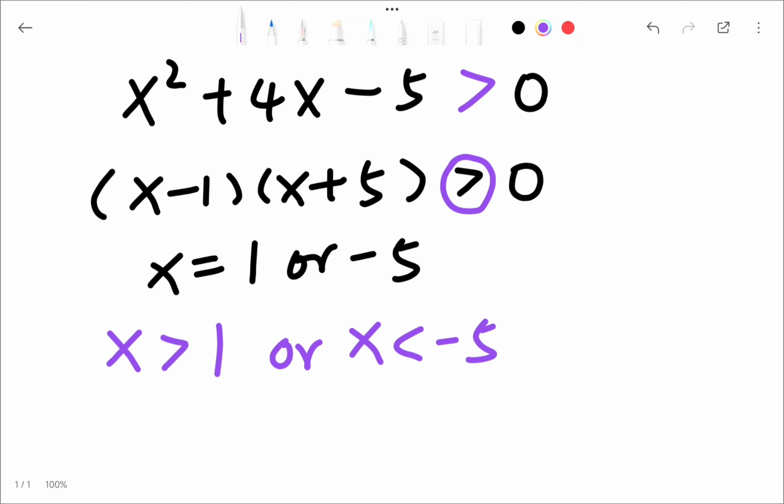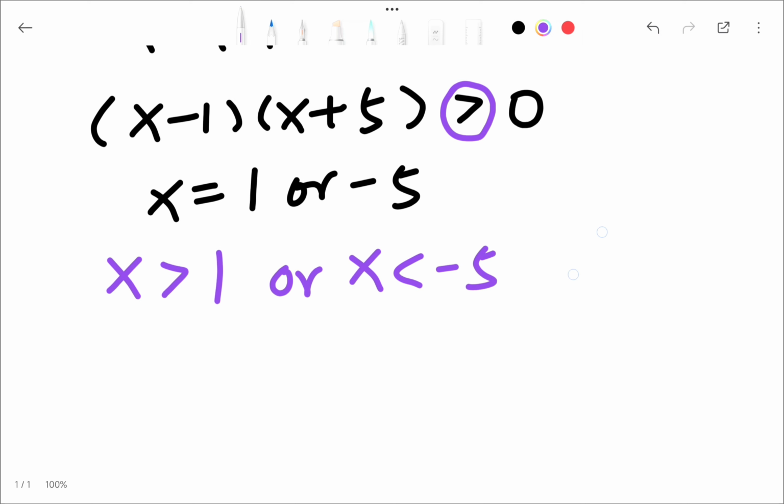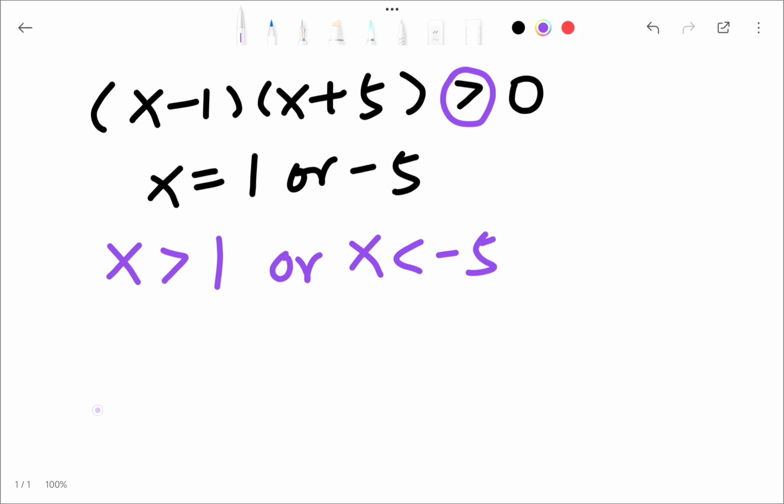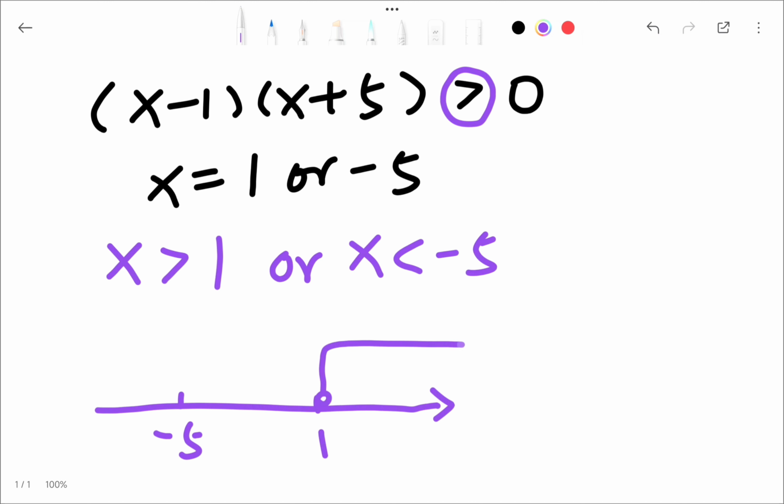There you have it. Now, to make this a little more visual, let's draw a number line where -5 is to the left of 1. Okay, so the answer is x is greater than 1. Notice that I drew a little circle right above where 1 is.